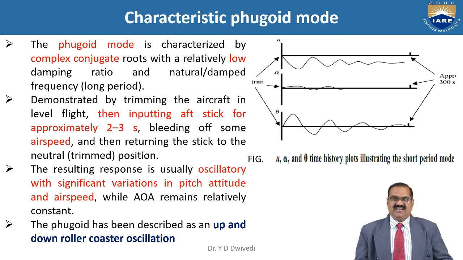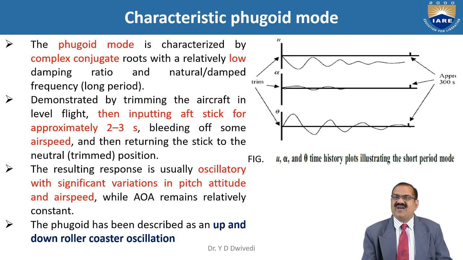So the resulting response is usually oscillatory with significant variation in pitch attitude and airspeed, while angle of attack remains relatively constant. In this, if you see here, the angle of attack has very minimal changes.